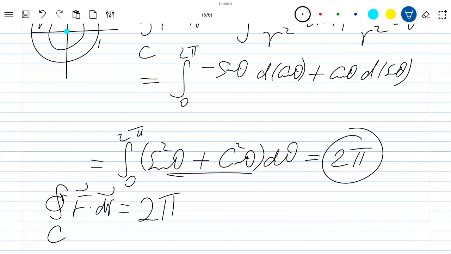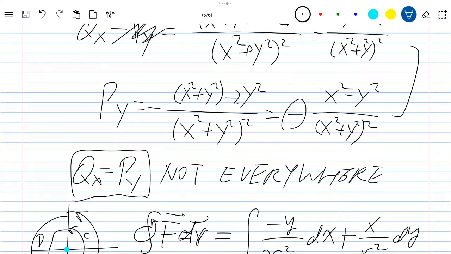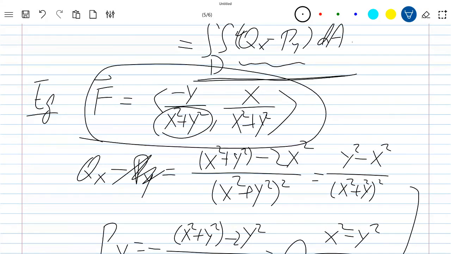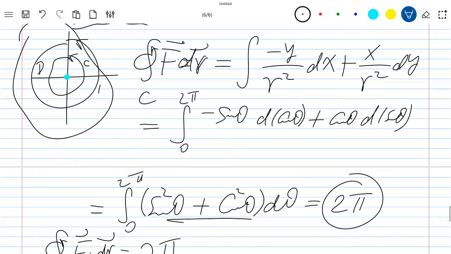So we have this wonderful result. It says for this particular field, the integration along any path enclosing the origin is 2 pi. On the other hand, if it's not enclosing the origin, then it's 0.